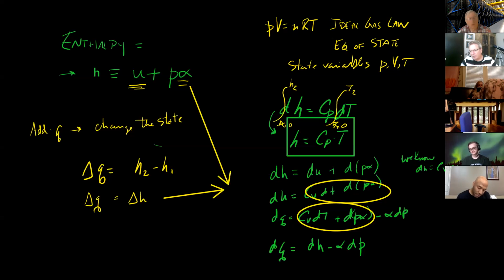I'm going to go ahead and erase this because I don't need it. And I said, I add heat to a gas, and it's going to do work plus change in temperature. If I have 7 joules of heat, 5 of them will do, whoops, hold on, let me do this.